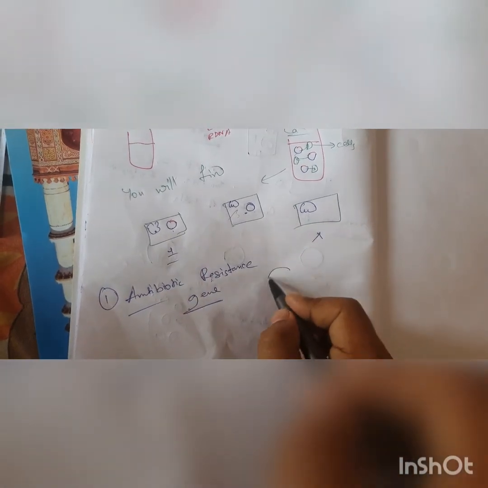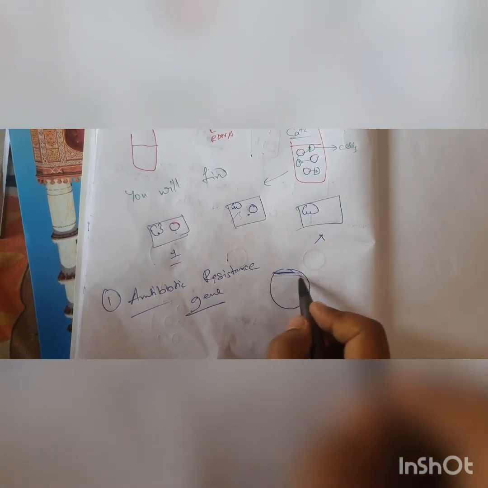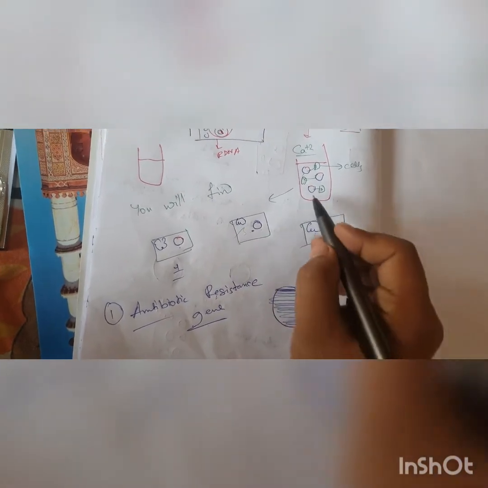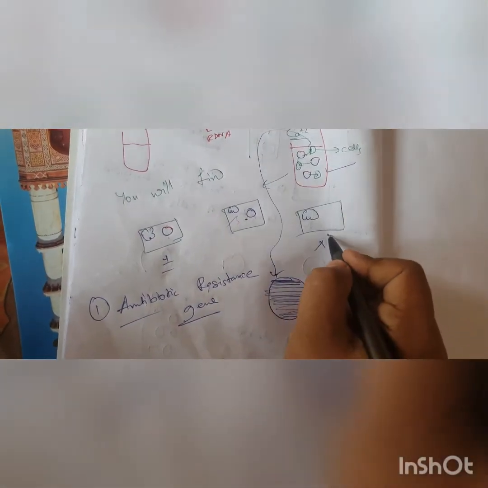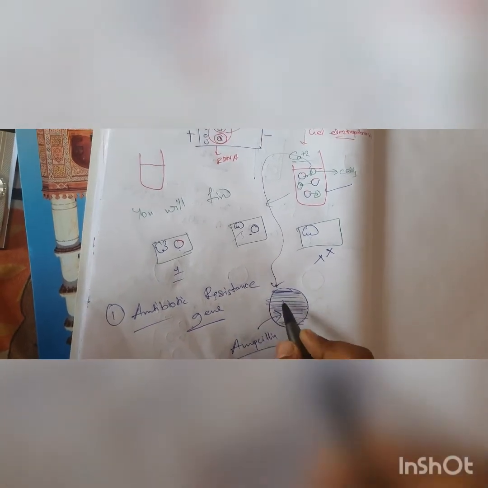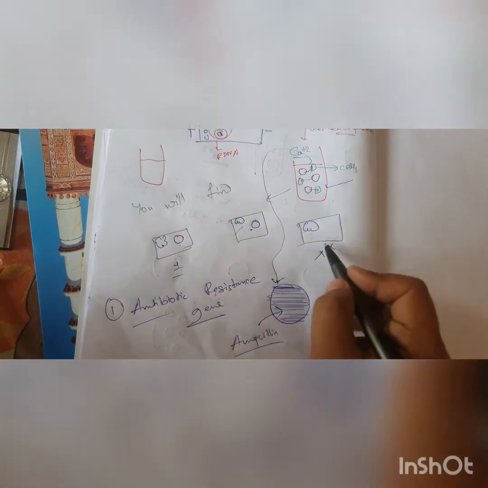Then if you take a plate and give nutrient media in this plate and pour this cell culture here and allow all of them to grow, the cells which have not taken up the plasmid will not grow if you put some ampicillin in this media. With the nutrients you have put some ampicillin. The media itself contains ampicillin, and because the cell's chromosome does not contain the ampicillin resistance gene or maybe tetracycline resistance gene, this type of cells will not survive.